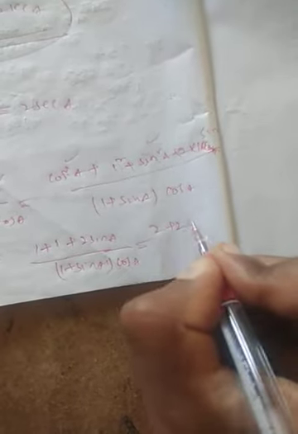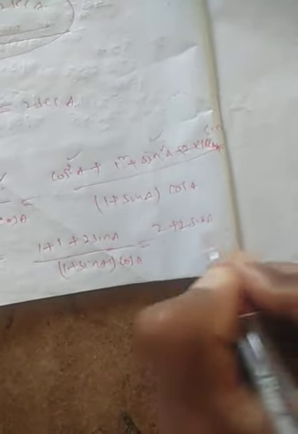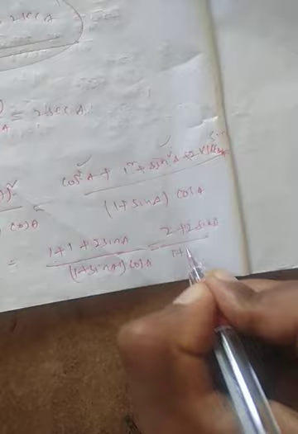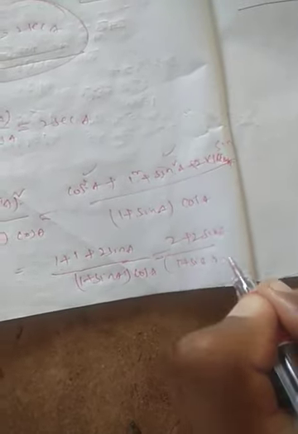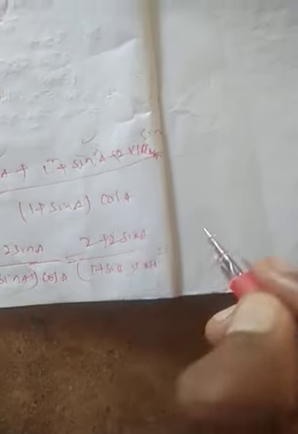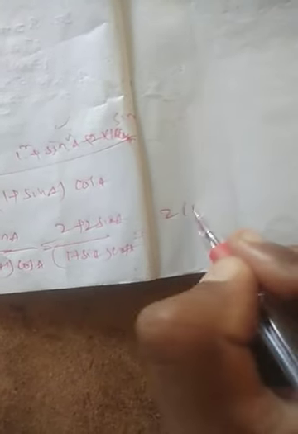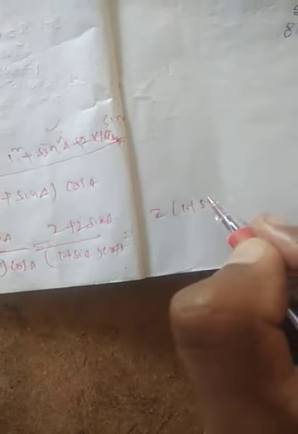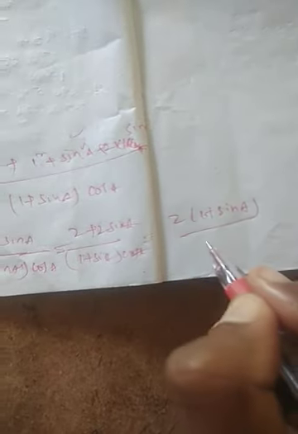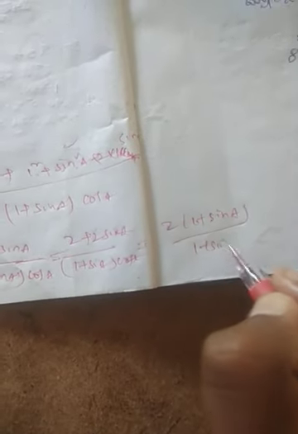1 plus 1 is 2, plus 2 sin a, divided by 1 plus sin a into cos a. Now what will be common? 2 will be common. You will get 1 plus sin a, divided by 1 plus sin a into cos a.